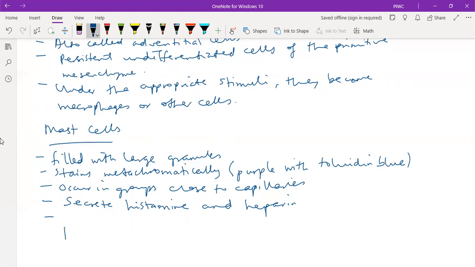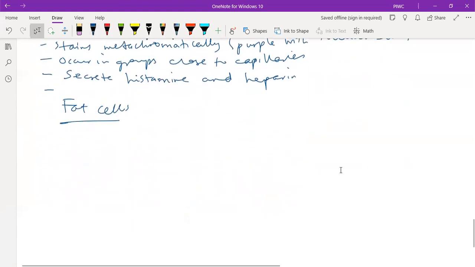The next one we'll look at are the fat cells. We can find small droplets of neutral fat in the fibroblasts and other connective tissue cells.